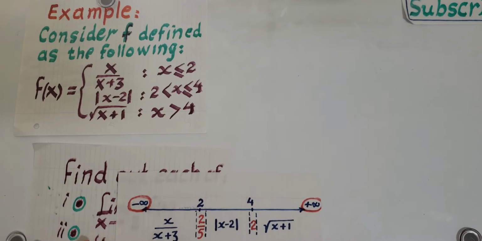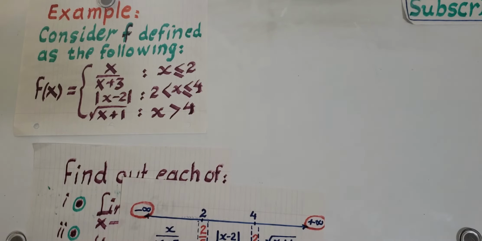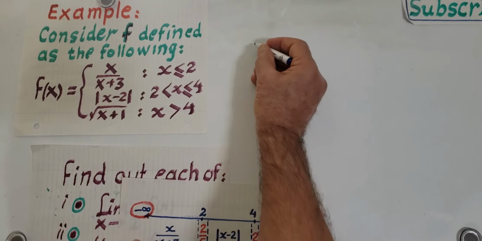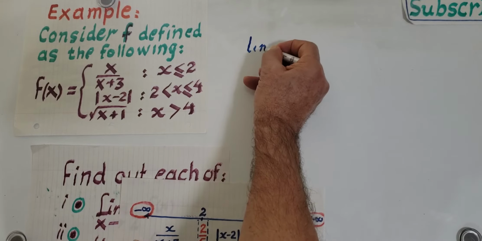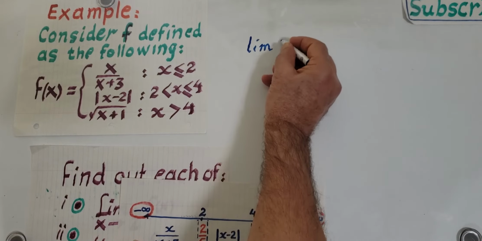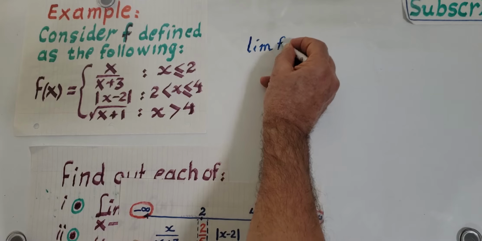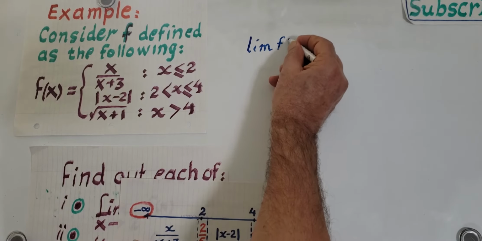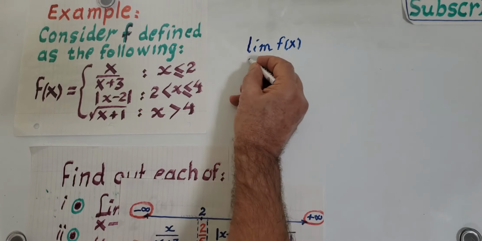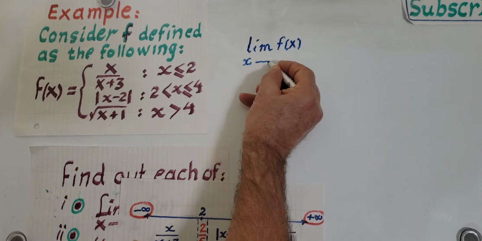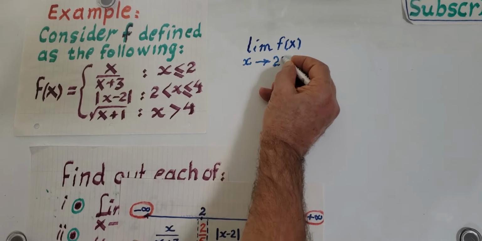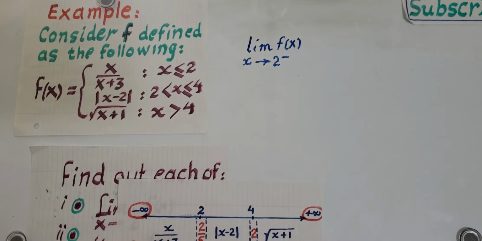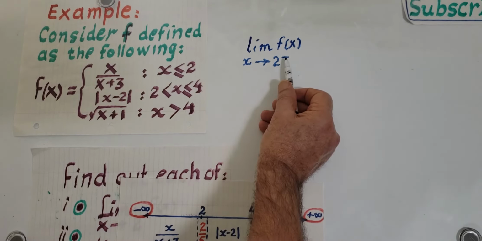We can see here, to find the limit for f of x when x tends to 2, or approaches 2 from the left, I put here a negative sign.